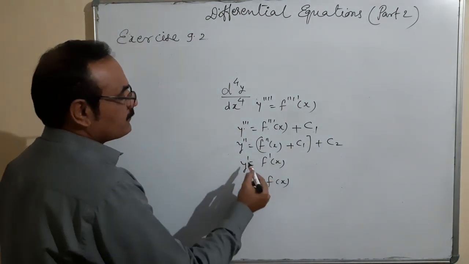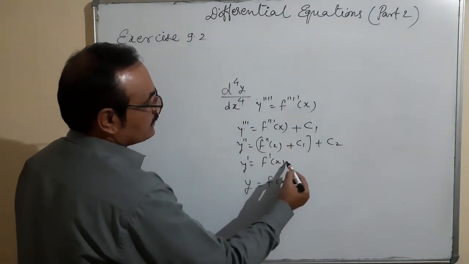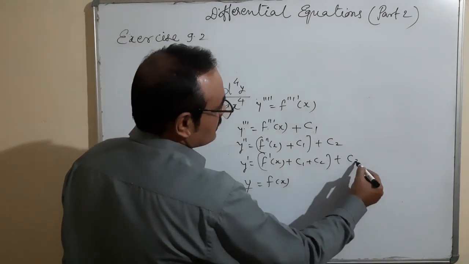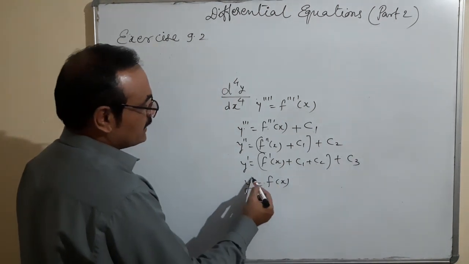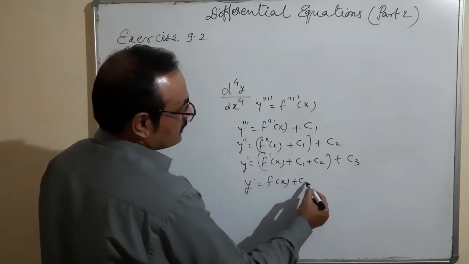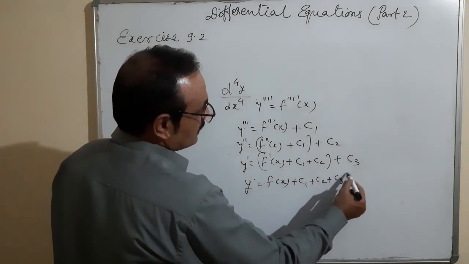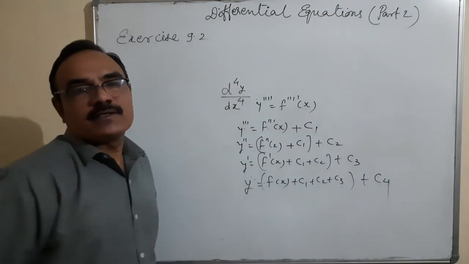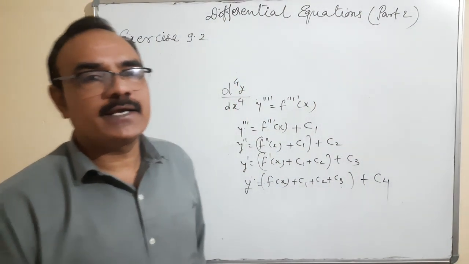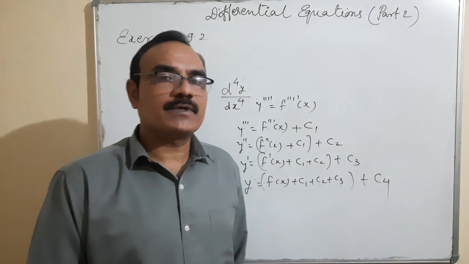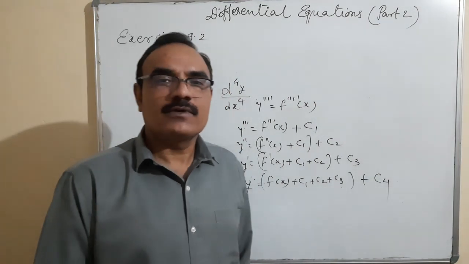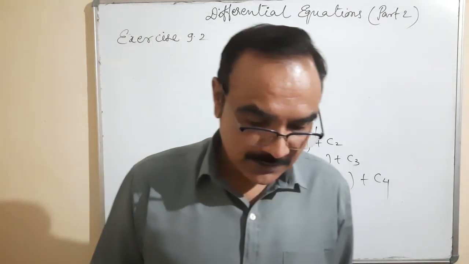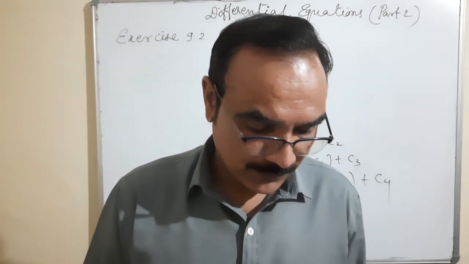After that, again integration gives c1 plus c2 plus another constant c3, and again integrating gives a further constant c4. So how many arbitrary constants are required when the fourth order derivative term is there? That means 4 arbitrary constants are required. The general solution has 4.